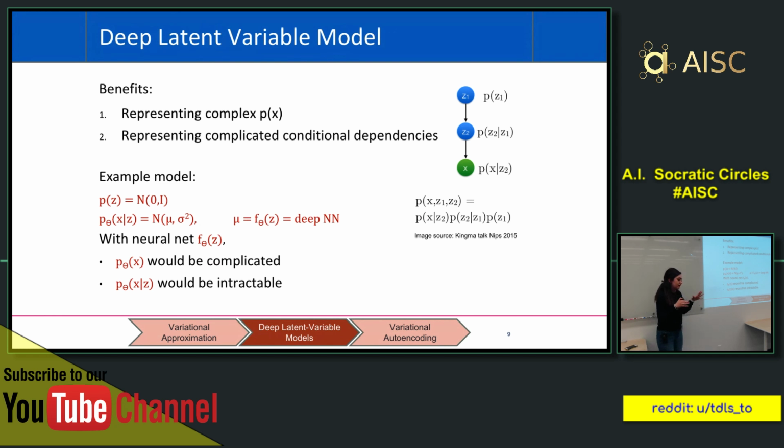With all those traditional approaches, we are limited either to linear mapping, or, in GPLVM, it's nonlinear but still just one layer of transformation. But if we can benefit from deep learning models, we can represent a complex P of X and have complicated conditional dependencies. For example, we can have one layer of latent variables stacked onto another, deeper layer of latent variables.